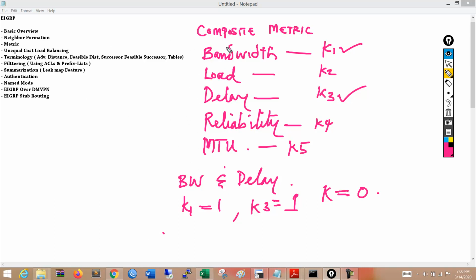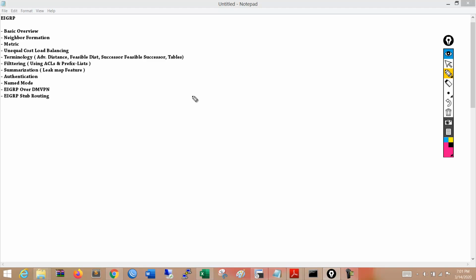The key takeaway here is that metric is what a router uses to decide the best path for a particular route when it has multiple routes coming from different neighbors. Unequal cost load balancing.